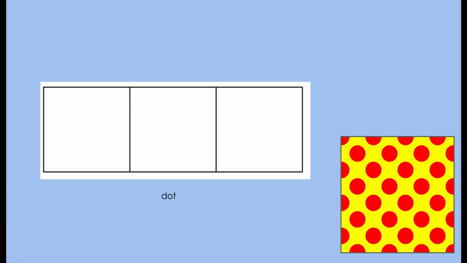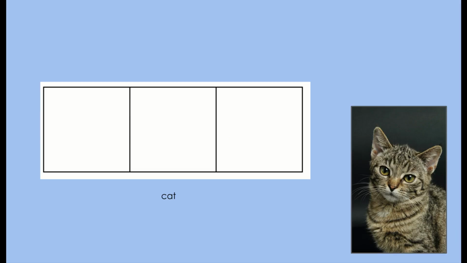The next word is dot. First sound D. Second sound ah, and the last sound T. D, ot, dot. The next word is cat.